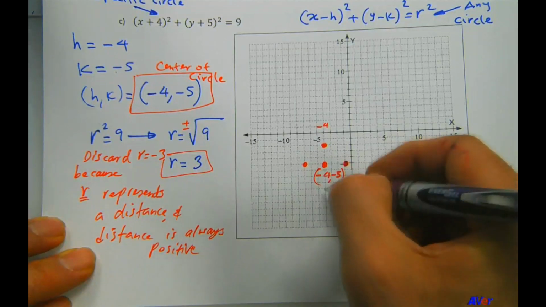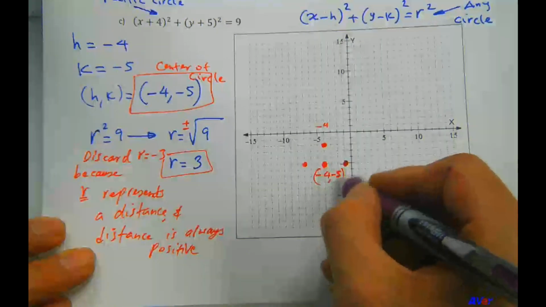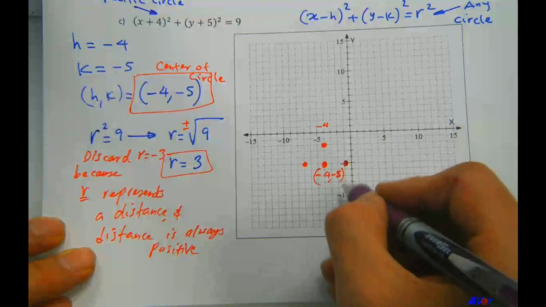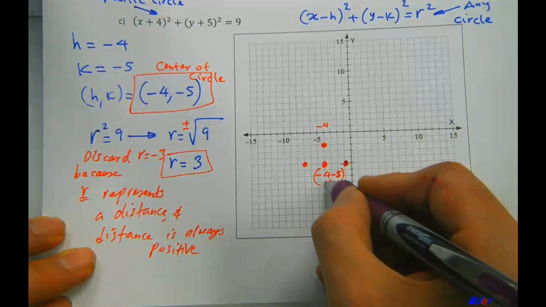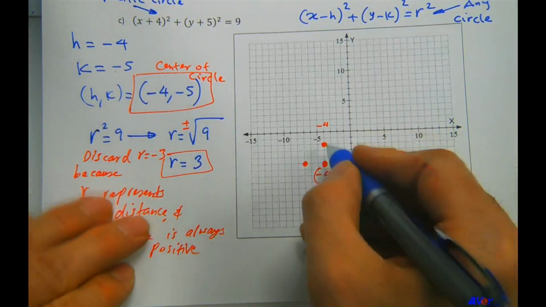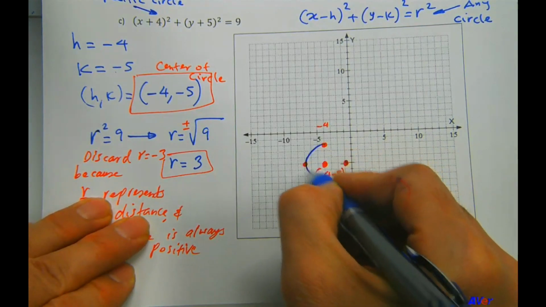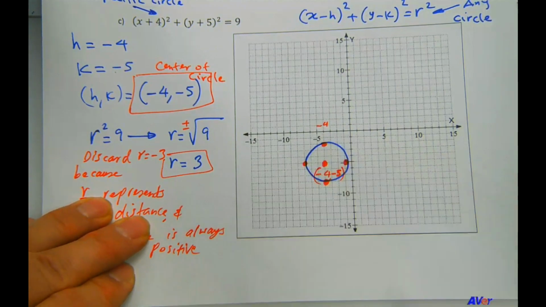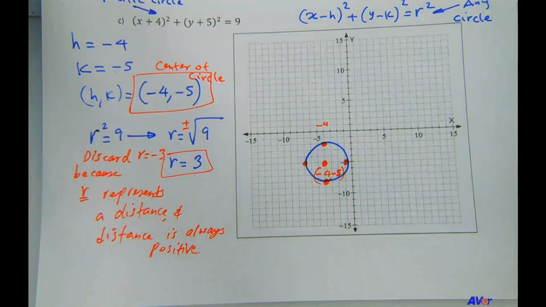And 3 units down, so it will be negative 8, right? Because this is negative 5, so negative 8 would be right here. Okay, so this is a small circle. It's a little bit easier to draw.